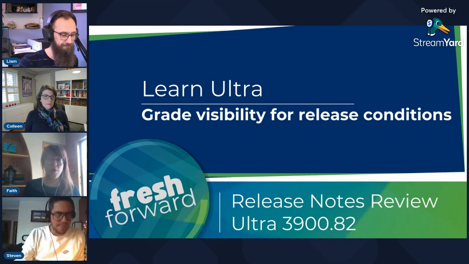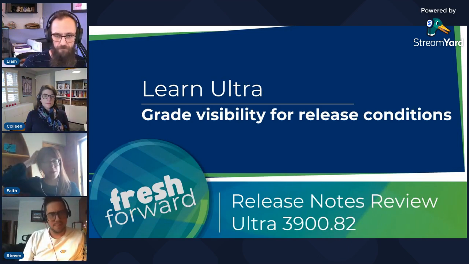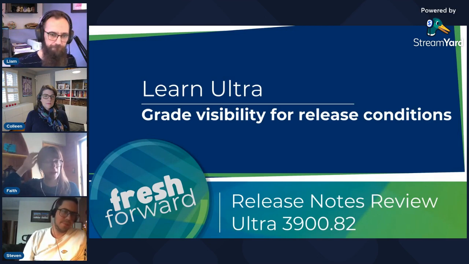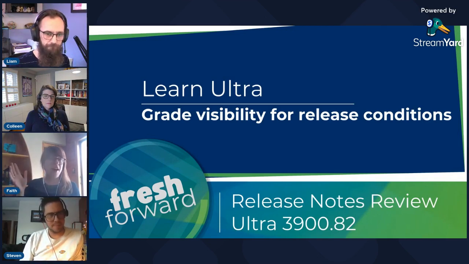So I think we should talk about what has changed from how this was behaving in Ultra prior to this release. A lot of faculty who have done the Ultra training would reach out to us and ask, how come when I use my release conditions, when I want to open up a window of availability for an assessment and then a closing time and therefore hide at the end of that period, why is it hiding both in the content area and also in the gradebook?